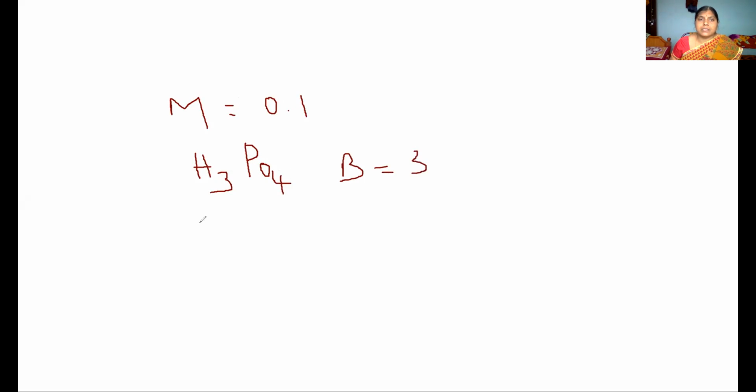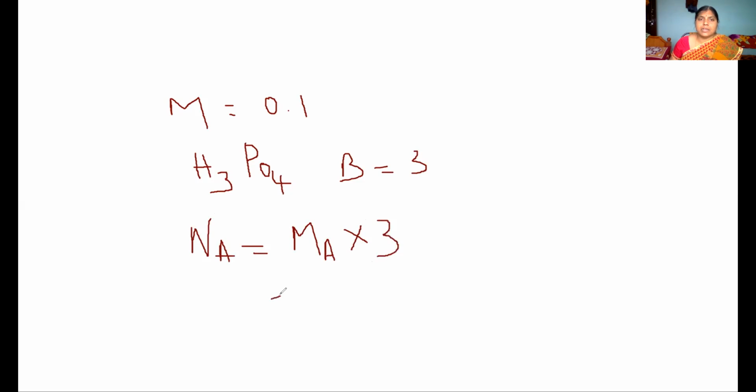So normality of acid is given by the formula: molarity of acid into its basicity.